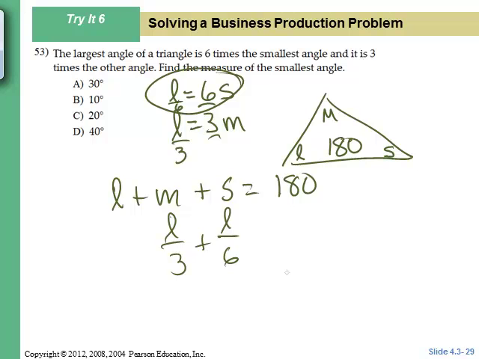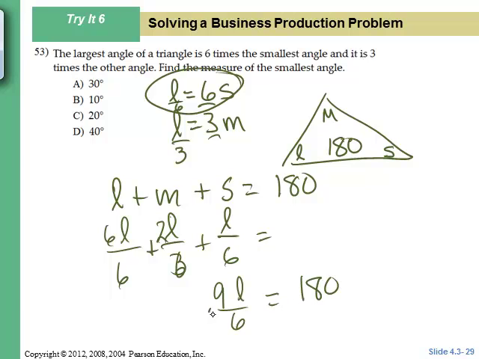Let's change everything to sixths. So this is 6L over 6, 2L over 6, and 1L over 6. So 6 plus 2 plus 1 is 9L over 6 is 180. Multiply both sides by 6/9. These cancel, and you have 180 times 6 divided by 9.